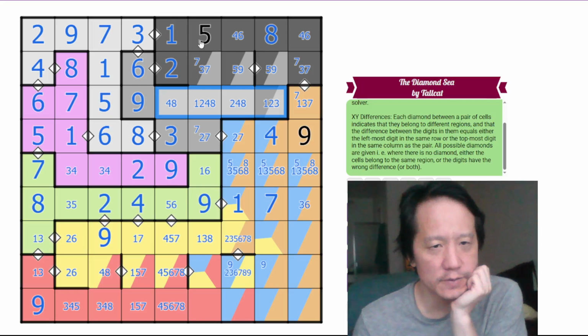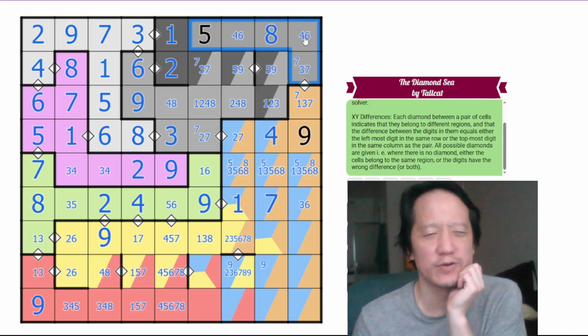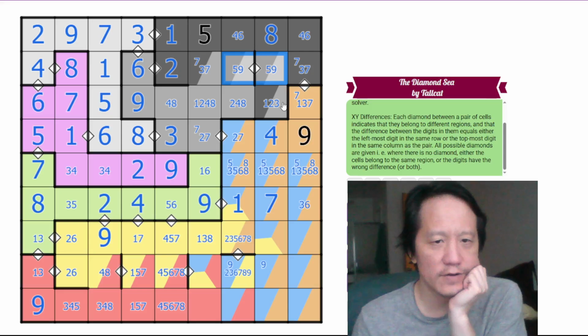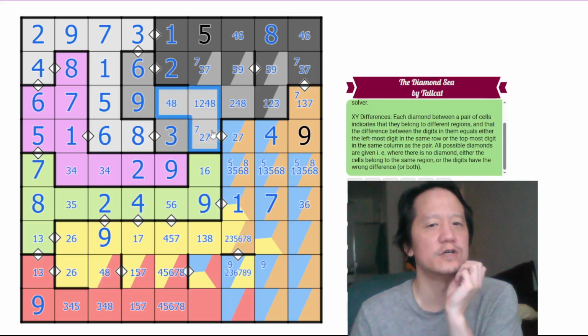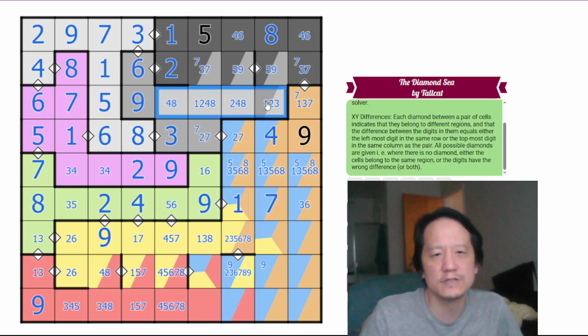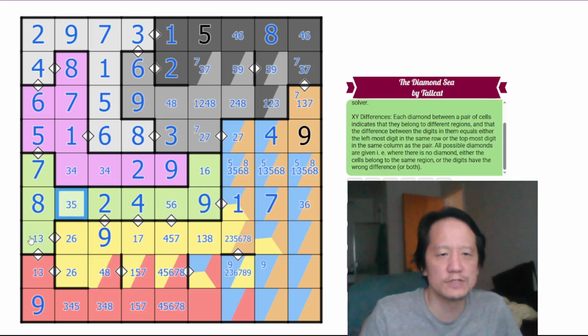The medium gray region, I think I said this was dark gray. Anyways, the medium gray region needs 5, 1, 2, 4, 7, and 8. So 8's one of these 3. So this is 3 or this is 3. We're not sure which. If this is 3, that makes this 5.